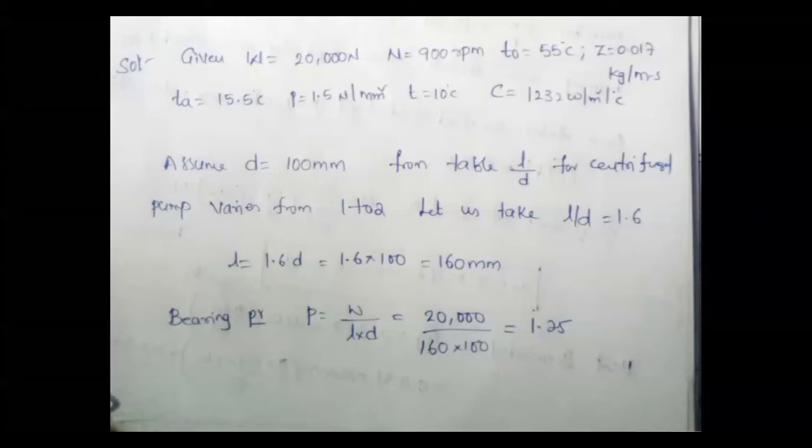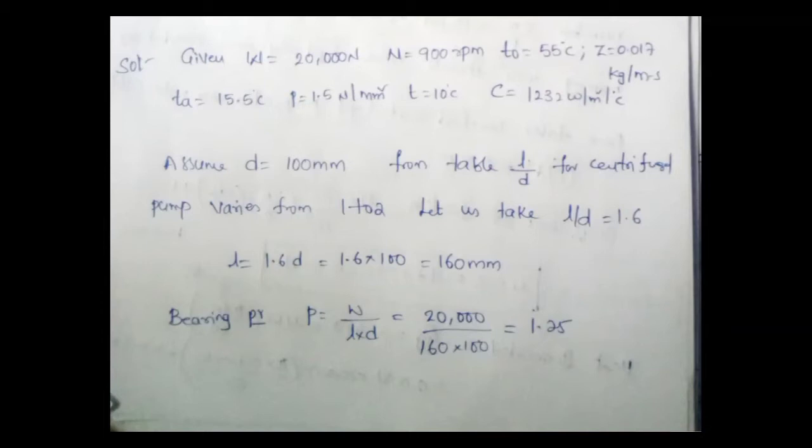Suppose some other student takes a D value equal to 300 or 200 without knowing. 200, 300, no problem. Same thing. Now calculate the P value. Suppose your calculation of the P value is 2.75. In that particular case, your value will be exceeding the bearing pressure limit.